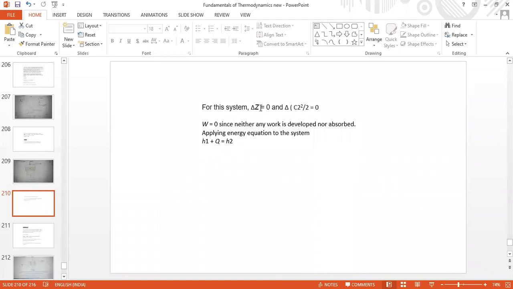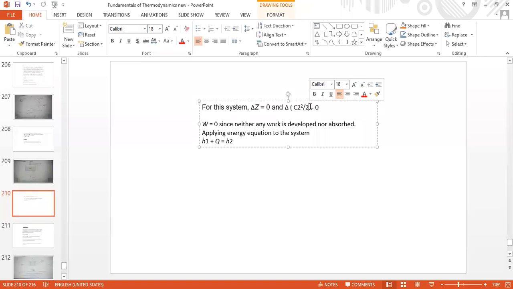Delta Z equal to 0, and delta C squared by 2 is equal to 0. And W equal to 0, because it neither takes any work nor produces any work. Neither work is developed nor work is absorbed. There is no work interaction with the boiler.